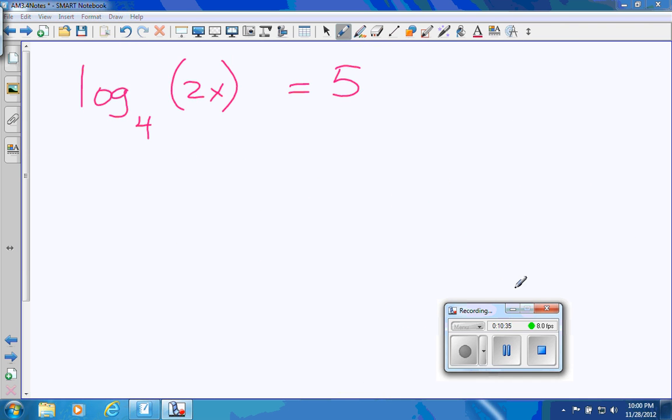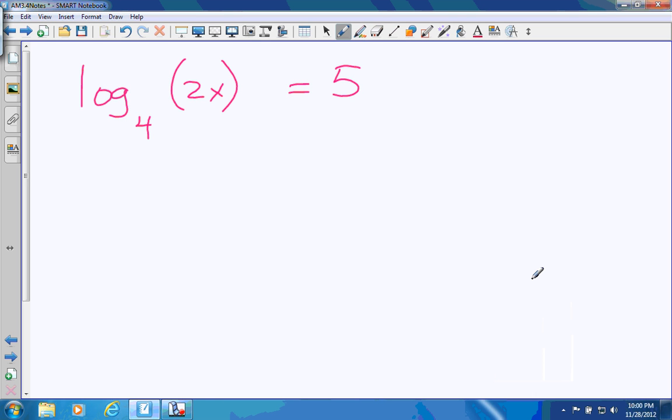Now our next example is another logarithmic equation, but this time there's only one logarithm. So here, you just have to understand the meaning of it.